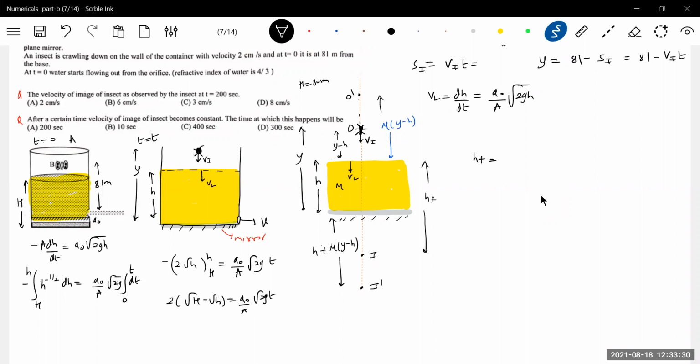HF should be equal to H plus... So for the image, it will appear at a distance of the velocity of this one, no? y minus h plus HF.